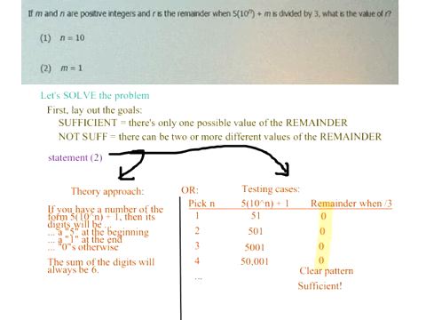So 6 is divisible by 3. The principle here is if the sum of the digits is divisible by 3, then so is the original number. It's in our number properties guide. It's also a thing you can figure out by just playing around with numbers and watching what they do. But the upshot here is that the number is always divisible by 3. So there won't be a remainder. Remainder will be 0.